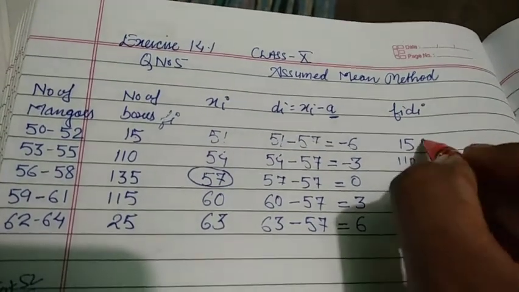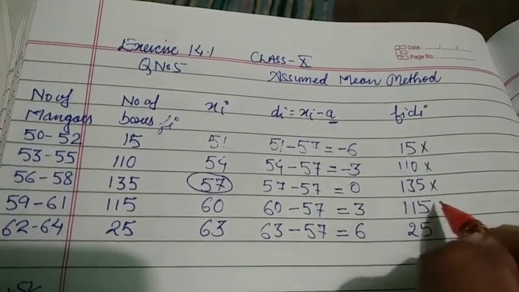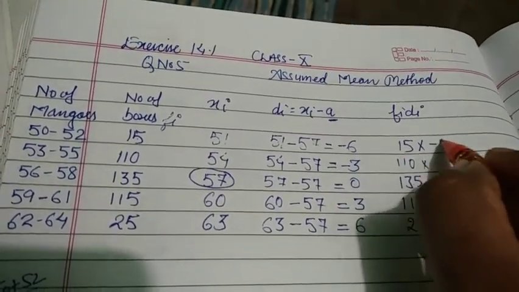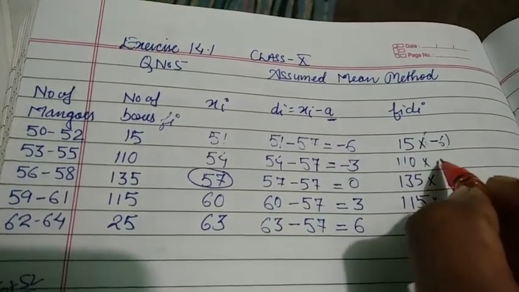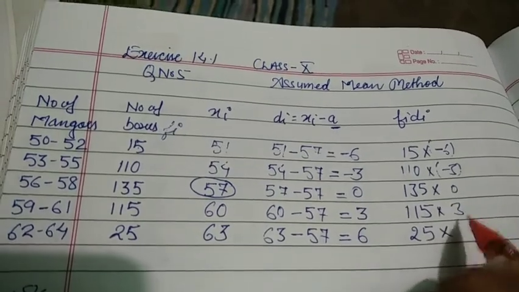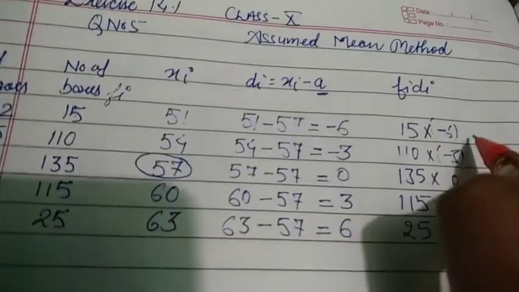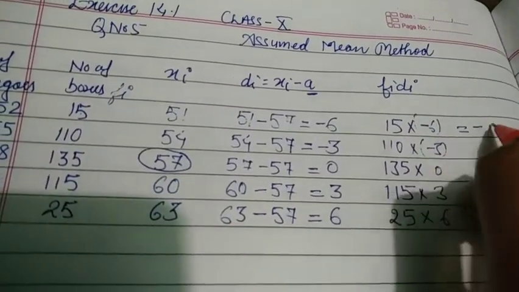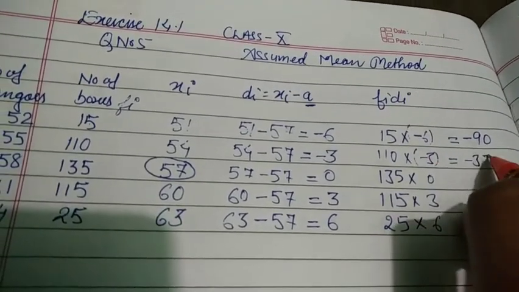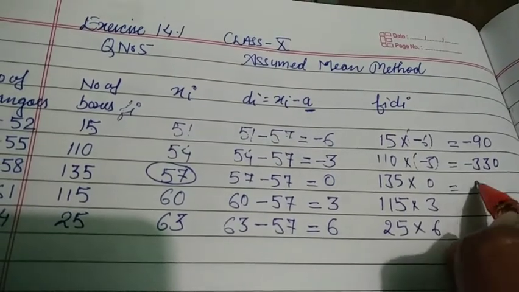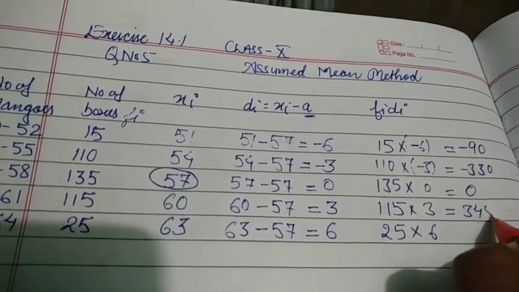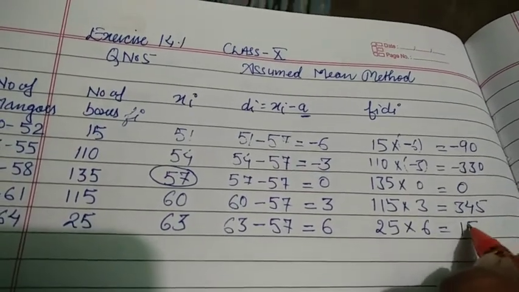And now multiply by, in the second column, just write down this deviation: minus 6, minus 3, 0, 3, and 6. Now just multiply them, and it will be minus 90, minus 330. It is simply multiplication, nothing else. This is 0, and it will be 345, and it will be 150.